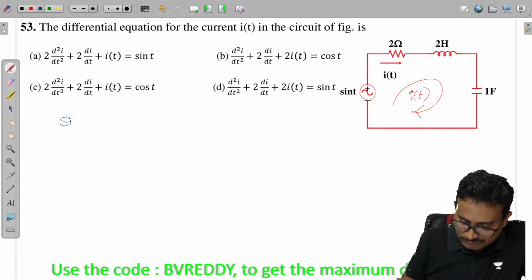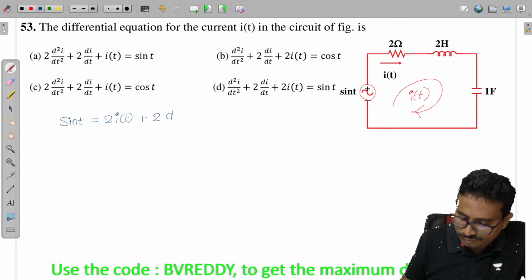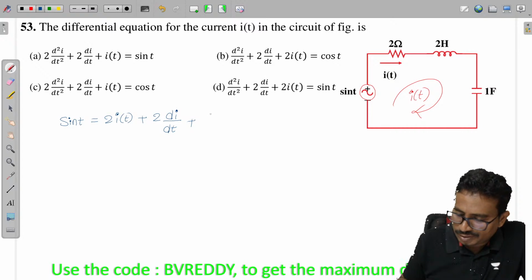So sin t is equal to 2 into I of t plus L into di by dt plus 1 by C into the integral of I of t dt.